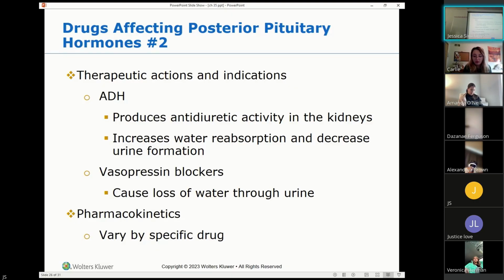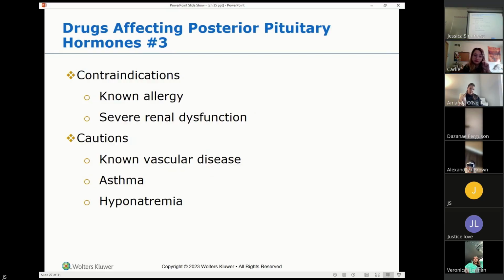So the pharmacokinetics vary by drug. They're contraindicated in severe renal dysfunction or obviously allergy. And you want to use caution with patients with known vascular disease. Why? Because it's going to cause more vasoconstriction, and what can happen if you have severe vasoconstriction in a patient that's already compromised with their vascularity.